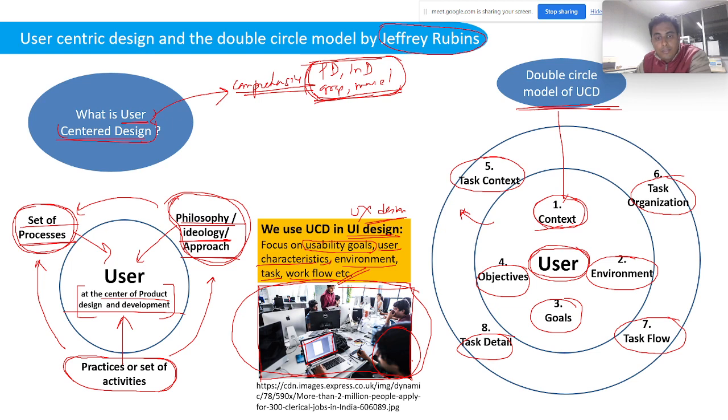They will conduct all these interviews, come straight back, and start developing requirements and designing solutions. But that is not the ideal way of working in a user-centric design process. What this model defines is that first you try to get information about the user and the context. This context means this person works as an accountant.